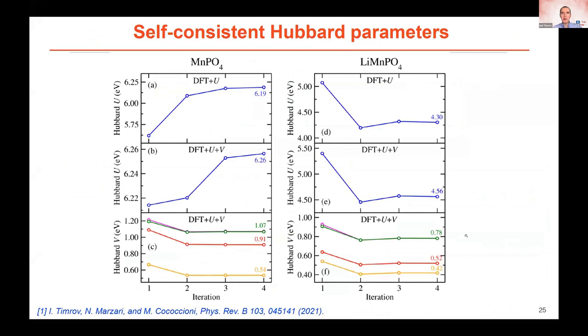And this is how it looks, the convergence of Hubbard parameters when we use the self-consistency workflow. Let me take one of those. Let's say we take the left-hand side figure and the top panel, and look at this blue curve.